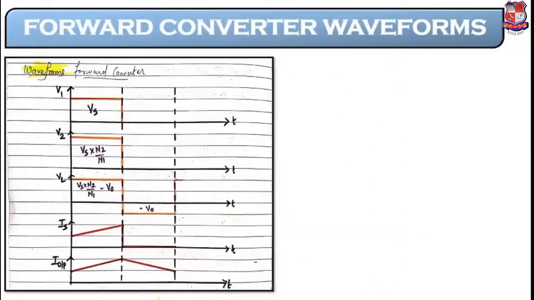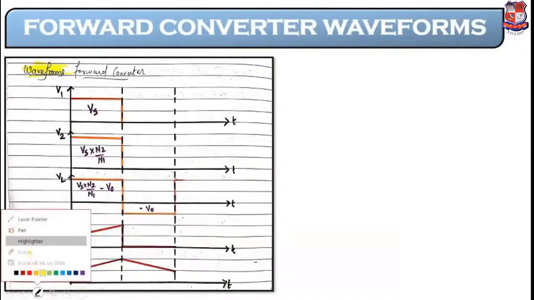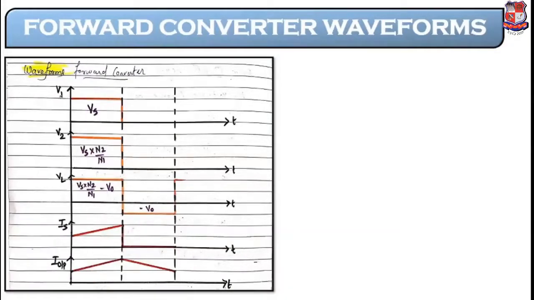Similarly, you can draw the waveform easily. Now you know how to draw the waveform. You just need to calculate the values of V1, V2, inductor voltage, secondary current, output current, and from the values you are able to draw the waveforms very easily.